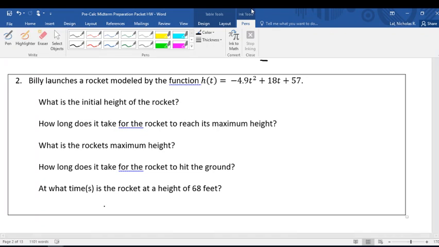Hello, pre-calculus students. We're now doing problem 2 in the packet. A rocket is modeled by the function h of t, which stands for the height, equal to negative 4.9 t squared plus 18t plus 57.